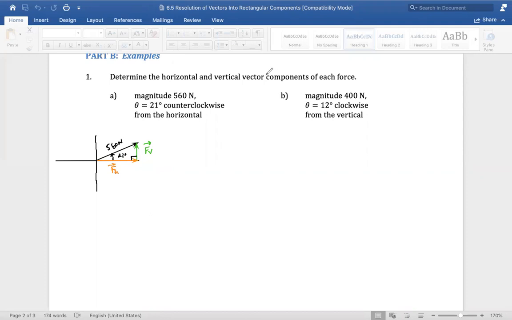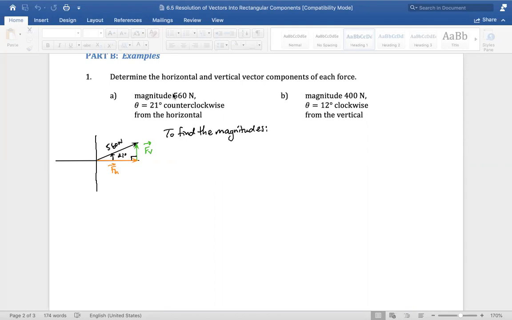So it says determine the components. The components is, again, basically what is the length of the horizontal vector and what is the length of the vertical vector, or the magnitudes, right? Because we're dealing with force. So to find the magnitudes, let's do my horizontal vector first.